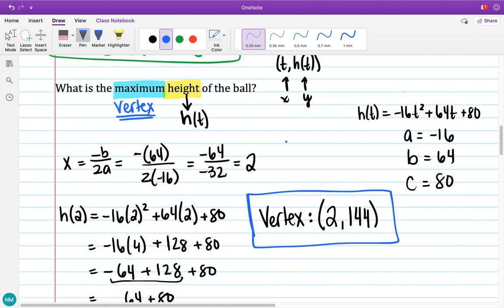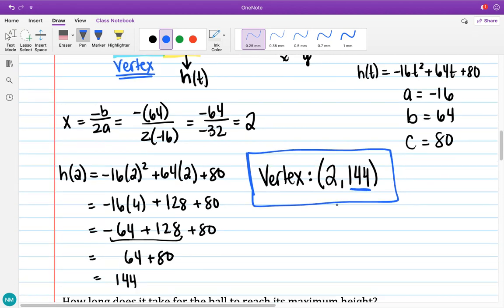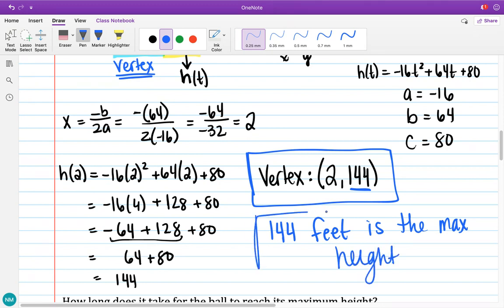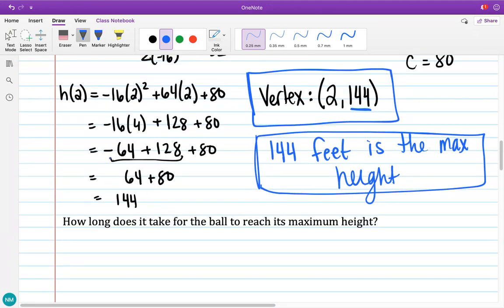Now I need to use this information in order to answer the question. The question is, what is the maximum height of the ball? Well, the maximum height, h, is going to be 144 feet. 144 feet is the max height. And then the next question is super easy because we already pretty much found it, right? Again, keyword here. How long does it take for the ball to reach its maximum height?